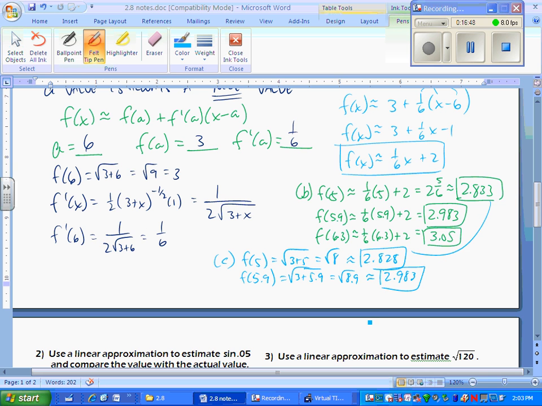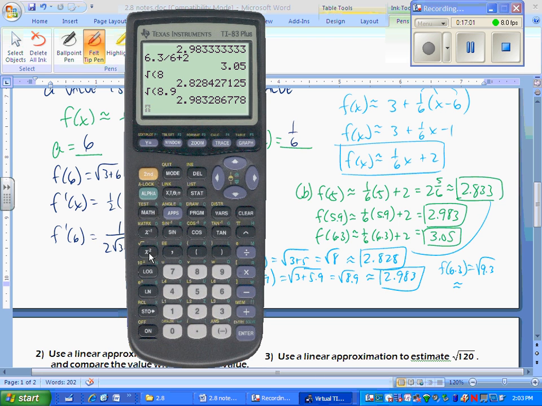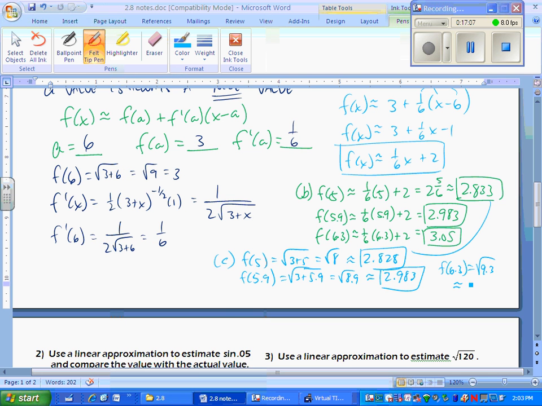That gives us a better approximation. And then our last one, if we do f of 6.3, that's the same as square root of 9.3. We get 3.04959, which just rounds to 3.05, what we had in our approximation.